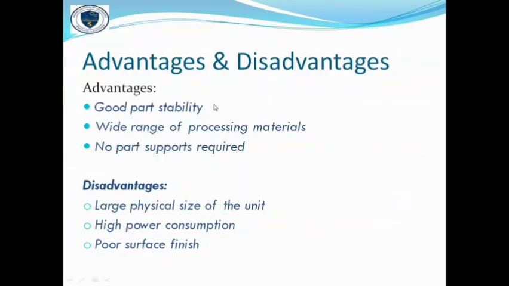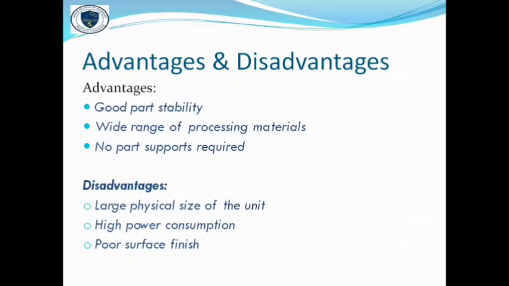Okay, now we'll see the advantages and also the disadvantages. We have selected three advantage points and three disadvantage points because these are the major aspects. So we start with the advantages. The first point is good part stability.